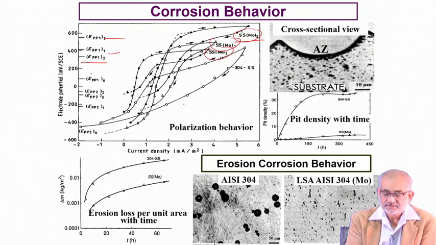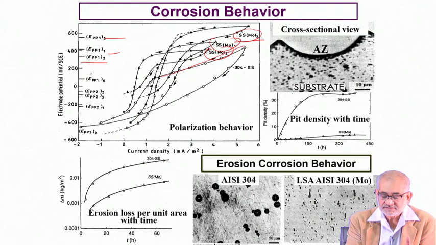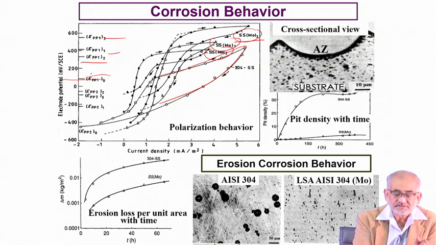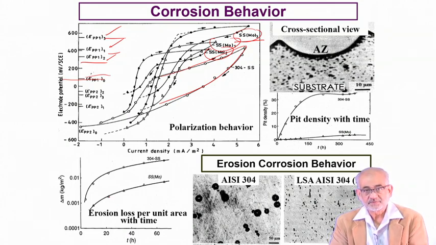As a result, the base substrate stainless steel behavior is here, and this is the typical pitting potential level, whereas after this surface alloying, the level of protection is much higher, the pitting corrosion resistance is much higher. So these are all descriptions about those things.